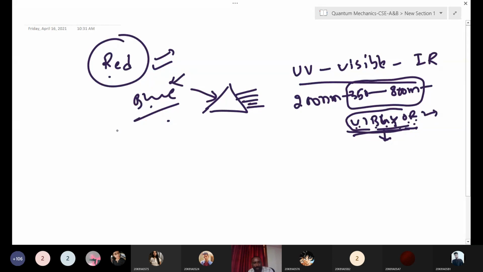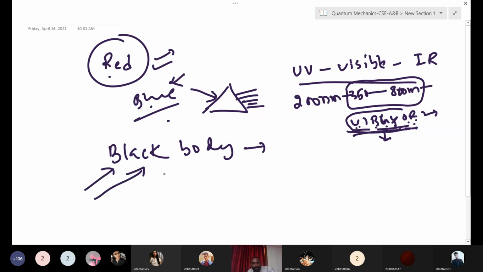So here, a black body means a simple black object, its color is completely dark. If you shine or incident any light, it will completely absorb it, and it will not emit any radiation.